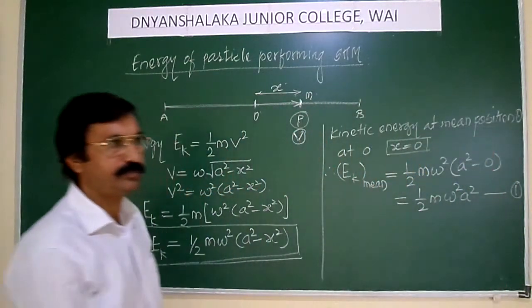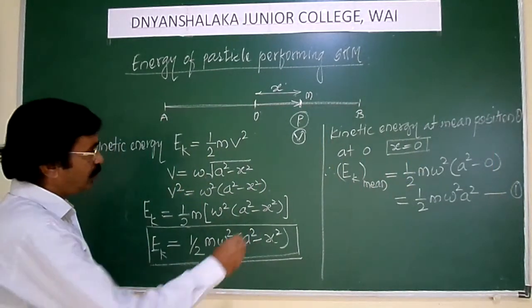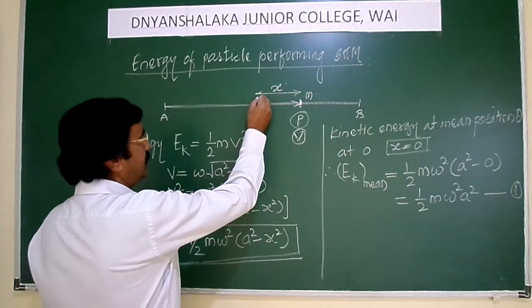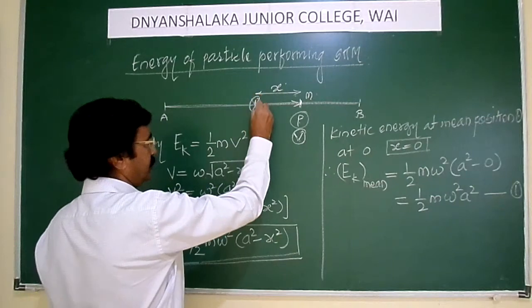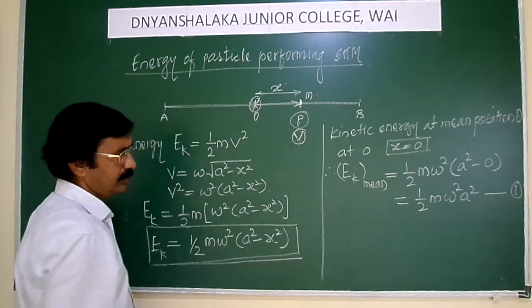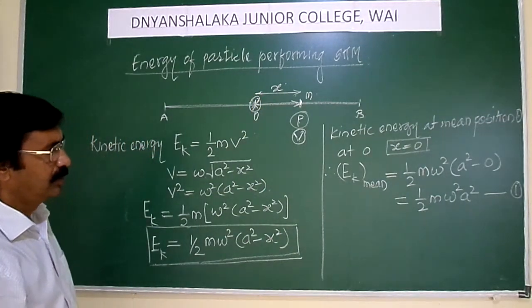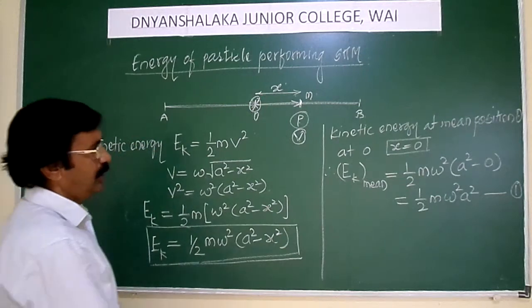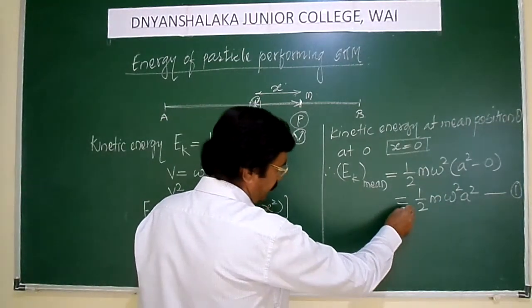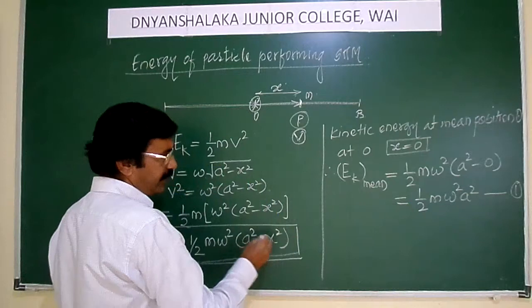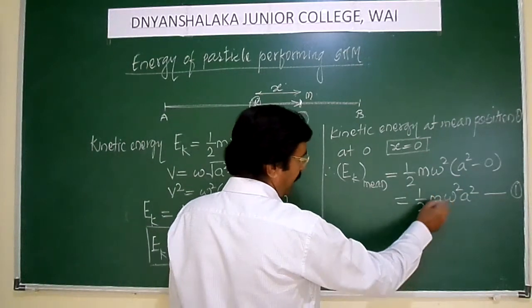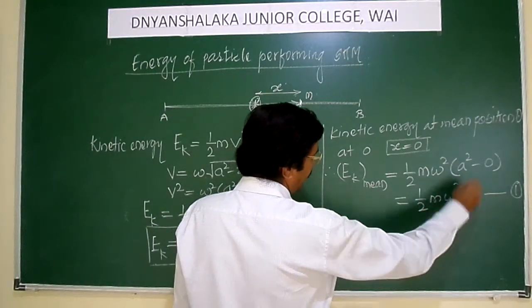And so at mean position, the kinetic energy is given as 1/2 m omega square a square.